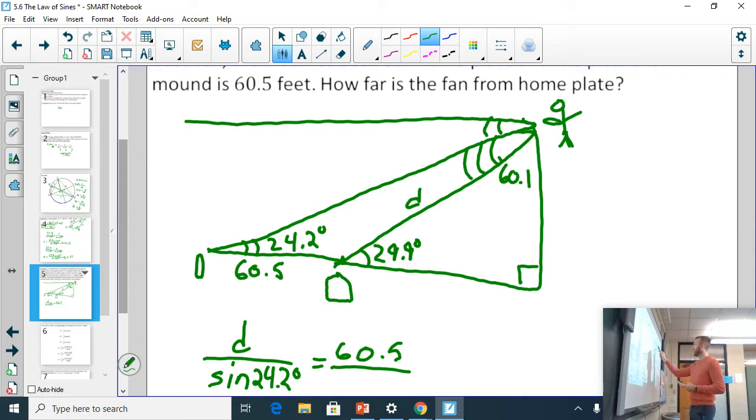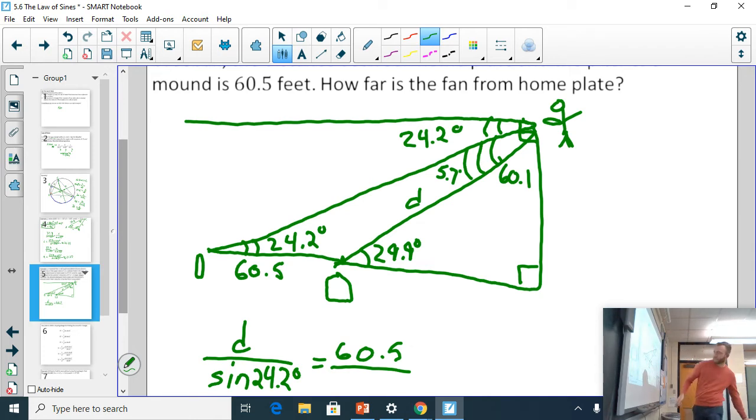And we know that up here, this is 24.2 degrees. And we know that this is a total of 90 degrees. So if we do 90 minus 60.1 minus 24.2, we're going to get that this is a measly 5.7 degrees.